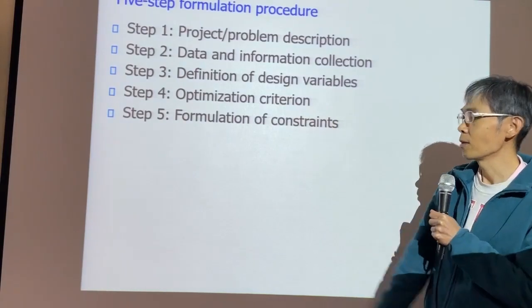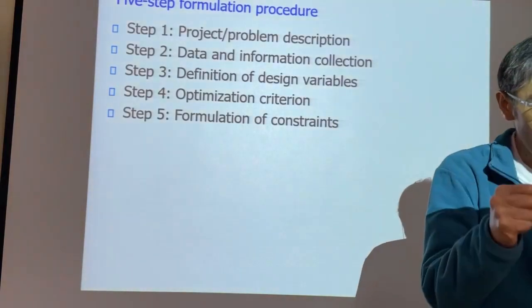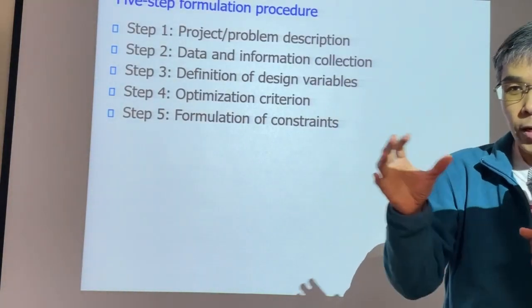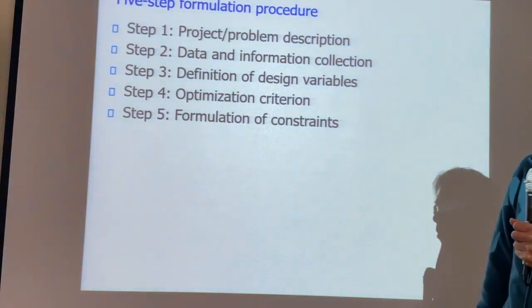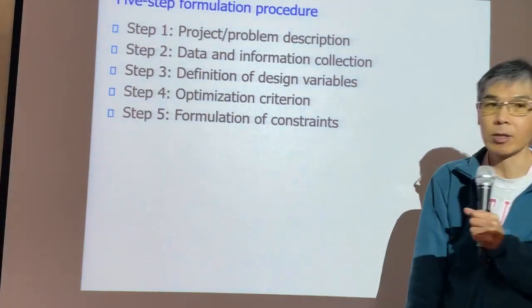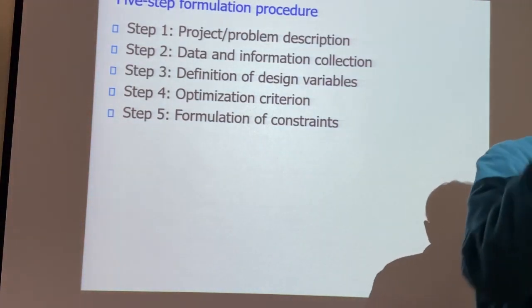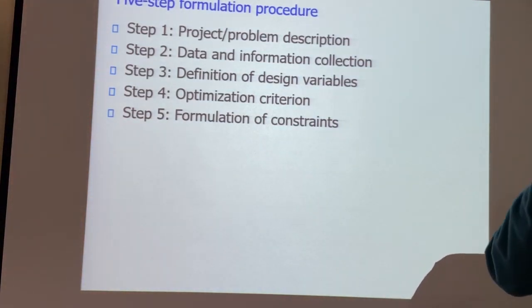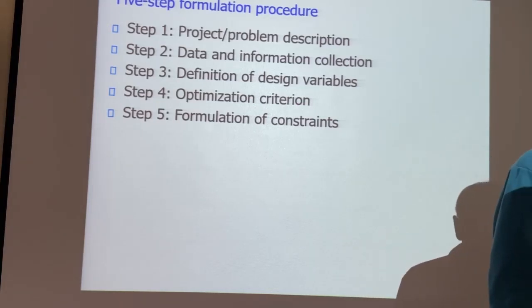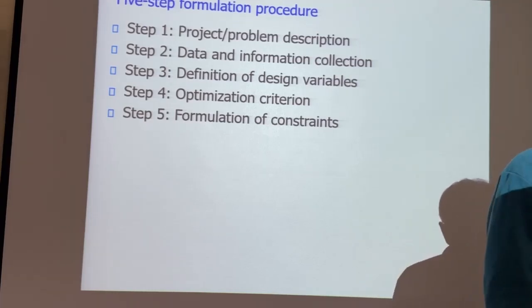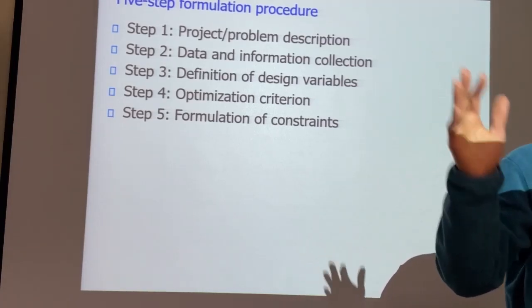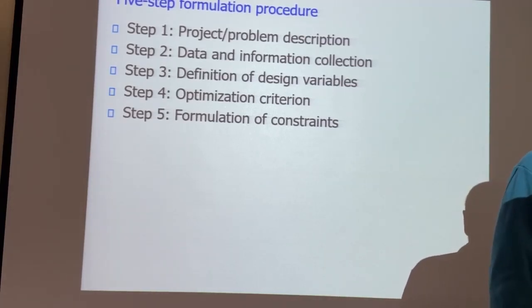And step 3, define design variables. What are the design variables we can change? And step 4 is select the criteria. Use a genetic algorithm, or use simulated annealing, or use linear programming, or use nonlinear programming. We don't need to do the programming by ourselves because they are everywhere.